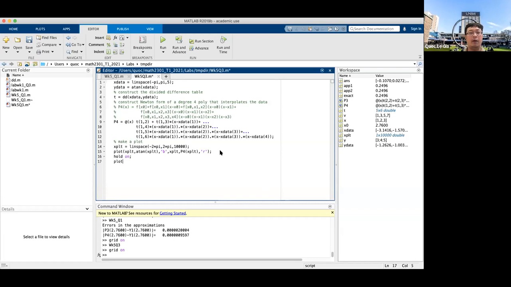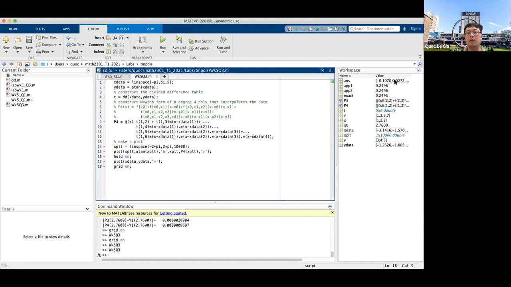Then I plot x data, y data, and just the markers, the big ones. Now let me run it to see what the output is. Maybe grid on as well, so make a grid. So now what is my output? Let me have a look at my output.